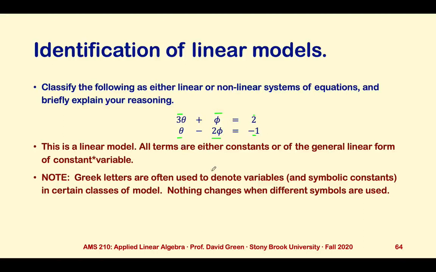It does not matter that we've chosen to use Greek letters to denote these variables rather than x and y. The rule for linearity still applies. Constant times variable is a linear term. In certain classes of models, it's very common to use Greek letters rather than the Latin alphabet for variable names. Doesn't really change anything about how we work with it.